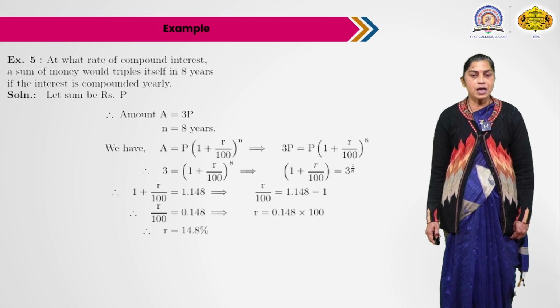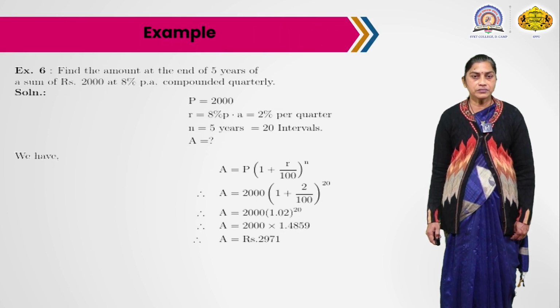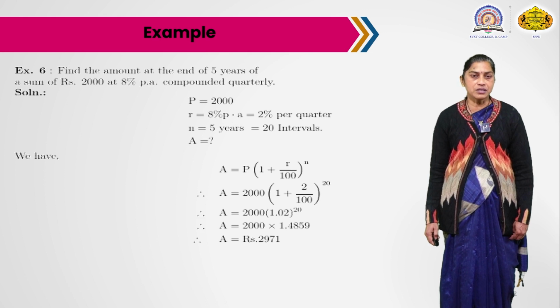Simplify it, R by 100 comes to be 1.148 minus 1, that is 0.148. Because it is the value of R by 100, R comes to be 0.148 into 100, that is 14.8%, and therefore the rate of interest comes to be 14.8%.